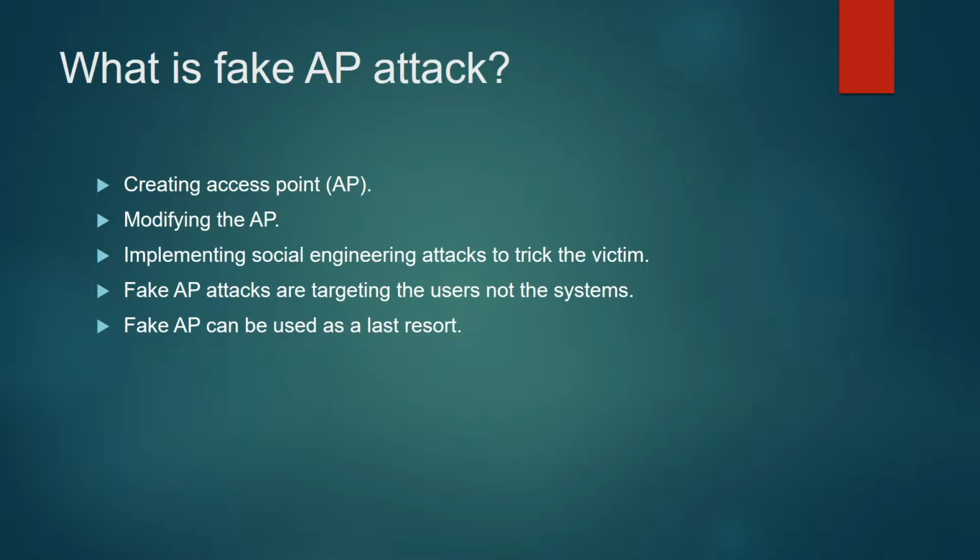But if you go for the fake AP, a person needs to join our AP in order to give us a chance to present him a page, and after that the records can be extracted to a database and so on. So he needs to type something there, and there is user interaction.